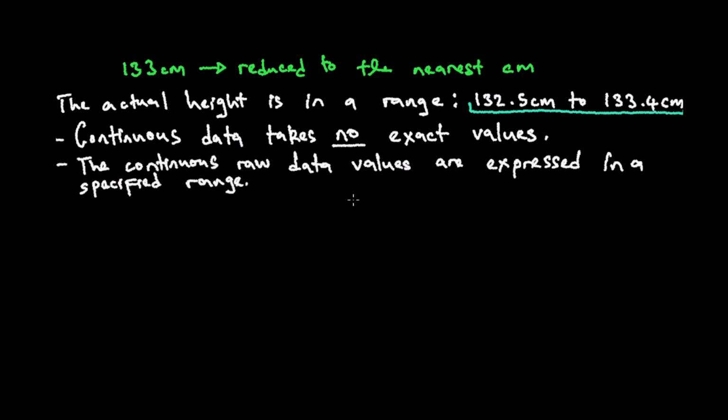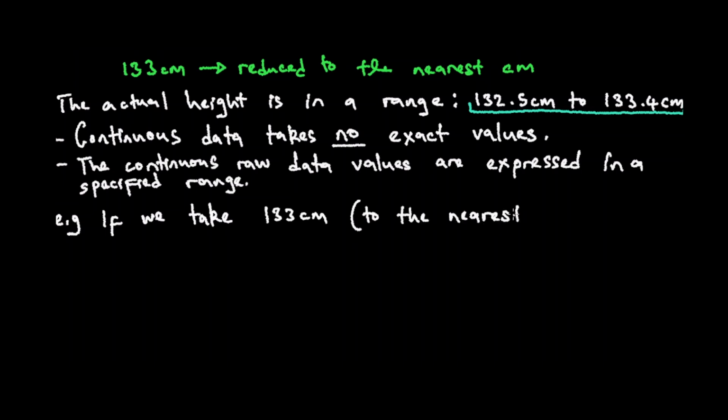But our example, 133 centimeters, is to the nearest centimeter, so we are saying the value could have arisen from the range.